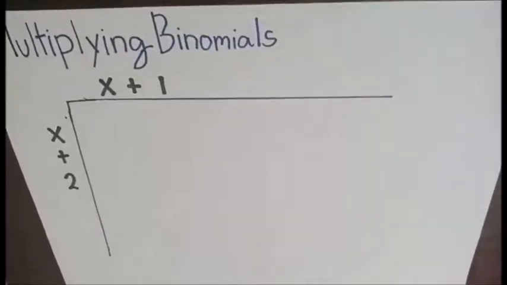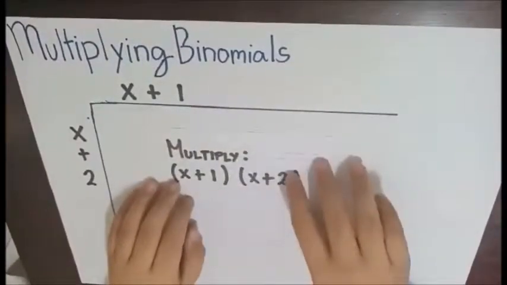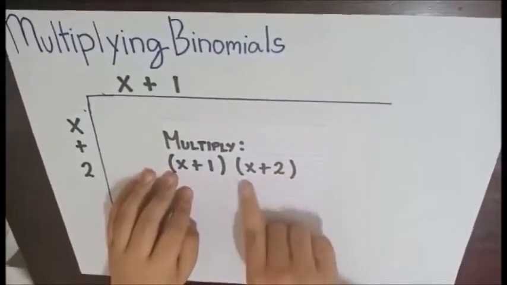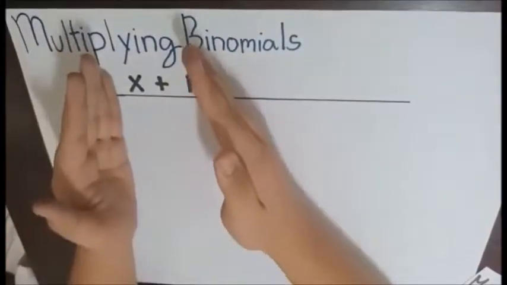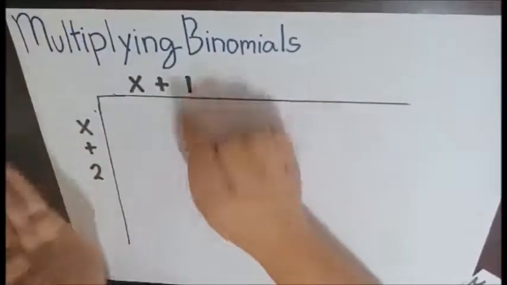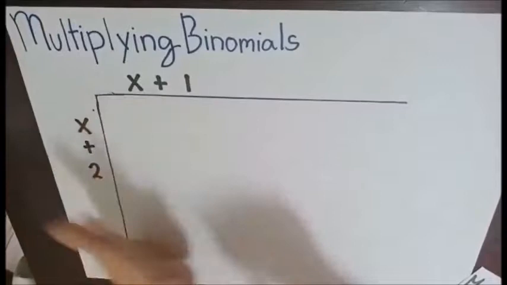Here is an example question about multiplying binomials. Good day, everyone. Today I will show you how to multiply binomials using algebra tiles. First, our given problem is x plus 1 and x plus 2. I wrote the given x plus 1 here and the x plus 2 here.